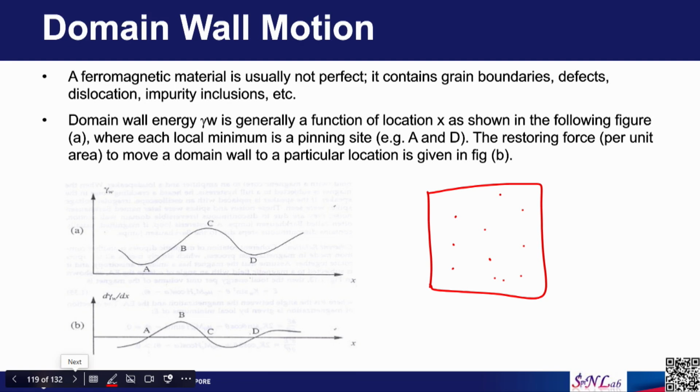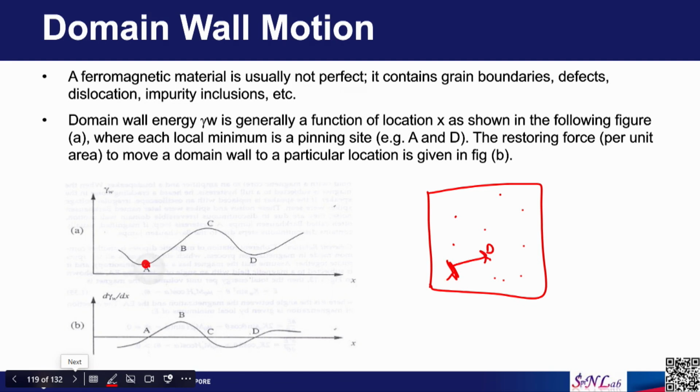So, for example, in this region A, the energy is low, region D, the energy is low. So, when a material is like this, usually when the domain wall comes here, it will get stuck. Okay. If you apply some more energy, the domain wall will be released from here, and maybe it will go here and get stuck. Okay.